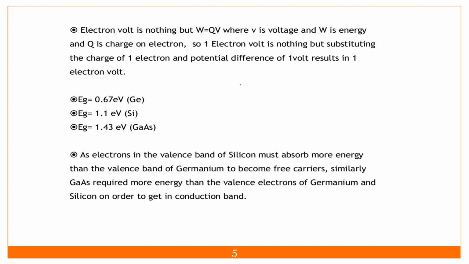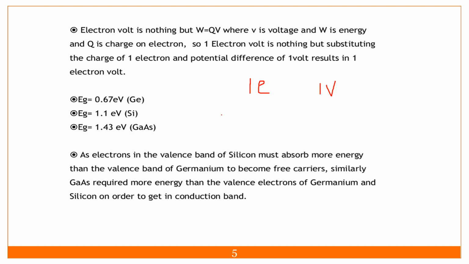We know that 1.6 into 10 raised to minus 19 coulomb is the charge on an electron. So how do we represent one eV? If we place one electron across 1 volt, we get 1 electron volt of energy. So 1 eV is 1.6 into 10 raised to minus 19 joule.